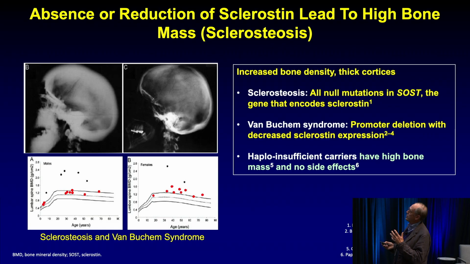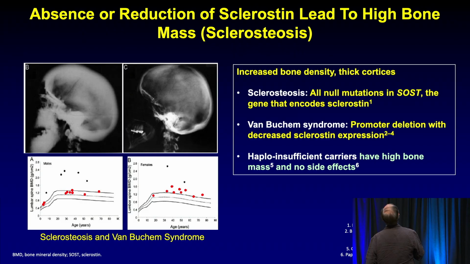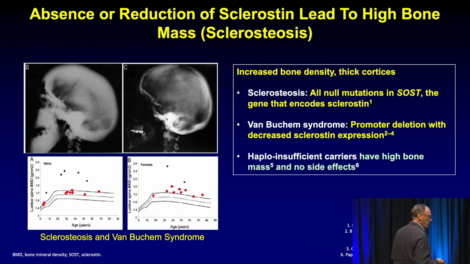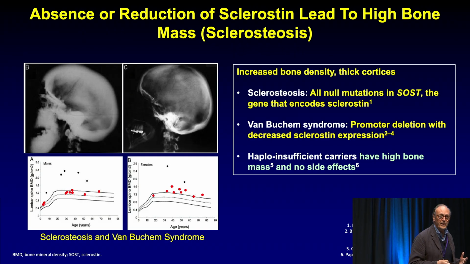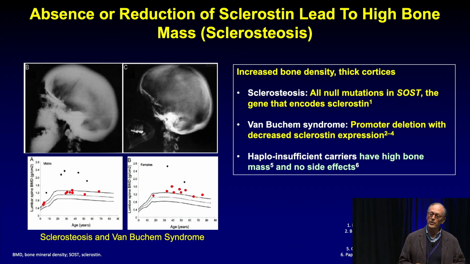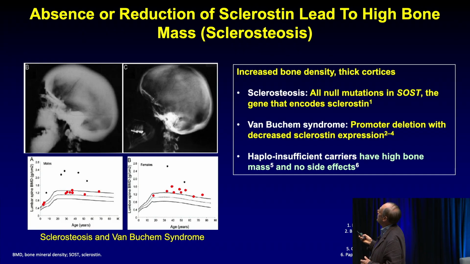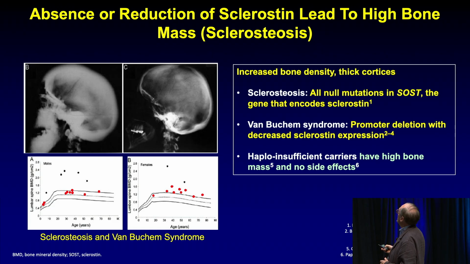So the first two diseases are one called sclerosteosis here. And you can see just from this X-ray that these patients have a very high, abnormally high bone density, with side effects, etc. And the other is van Buchem disease, which is equivalent but not as pronounced.